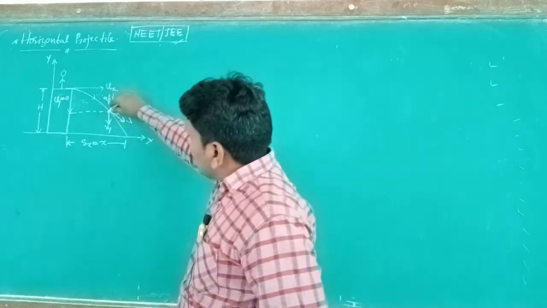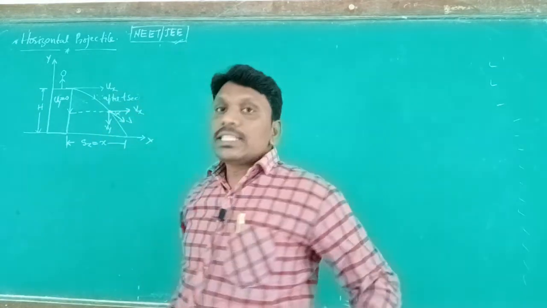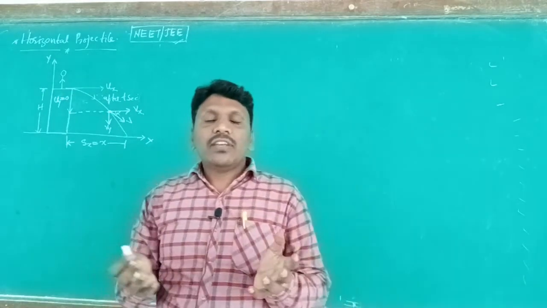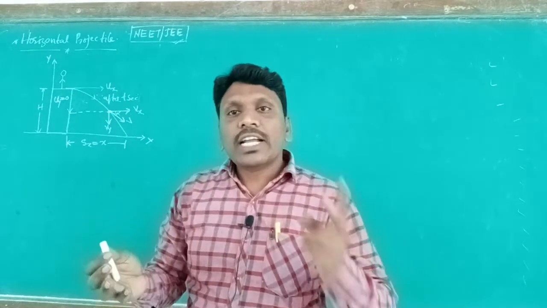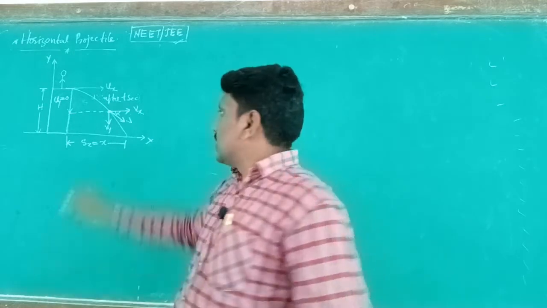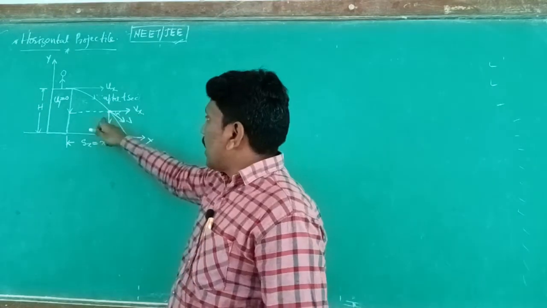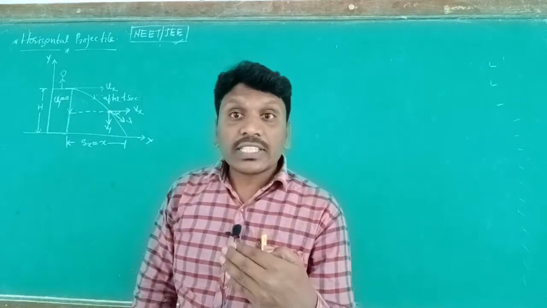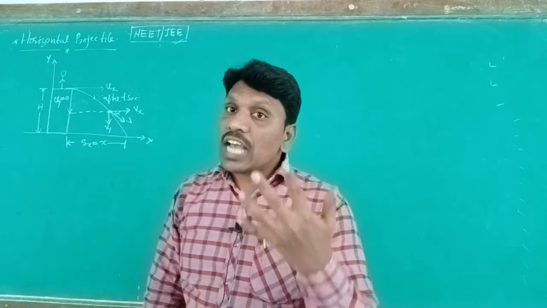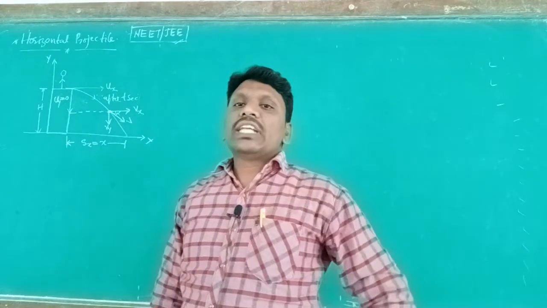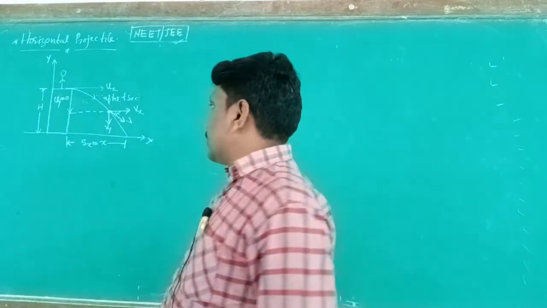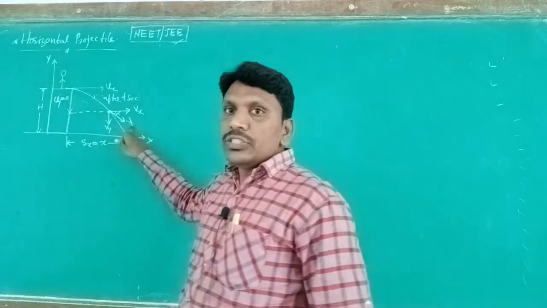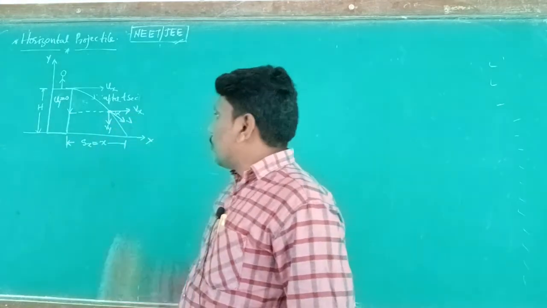After traveling t seconds, the body divides into two components, that is, the body travels in two directions, horizontal direction and vertical direction. But before t seconds, the body has only one direction, that is horizontal direction. So this is Vx and this is Vy. V is divided into two components, Vx and Vy.